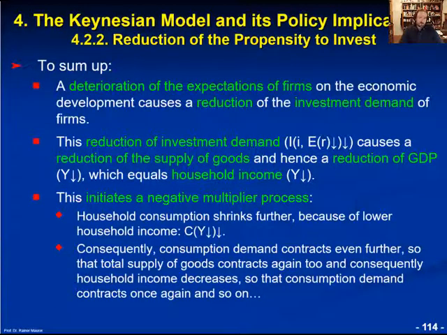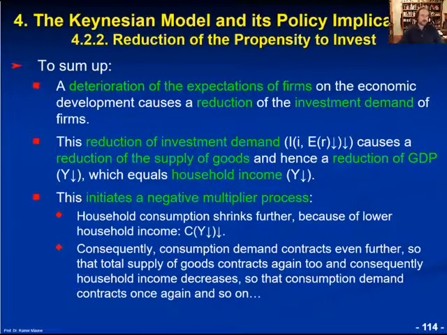To sum up, a deterioration of the expectations of firms on the economic development causes a reduction of the investment demand of firms. This reduction of investment demand causes a reduction of the supply of goods and hence a reduction of GDP, which equals household income.